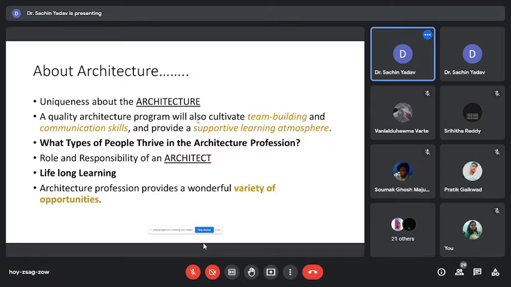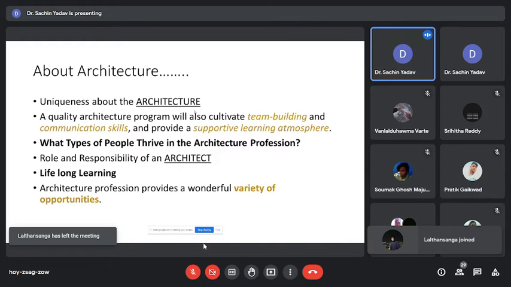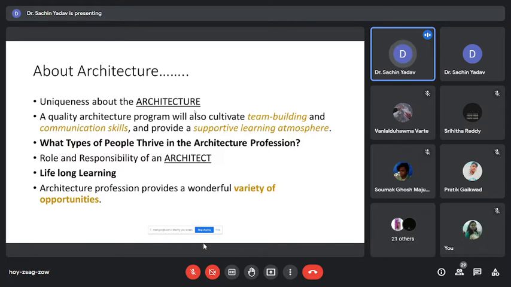So the main thing is how can you easily define good architecture and bad architecture. For example, you can easily differentiate between sound and music. Sound can be of anything, like a hammer sound or the sound of a vehicle.